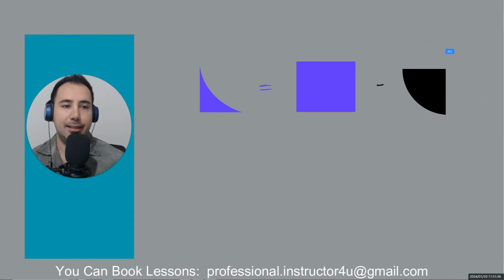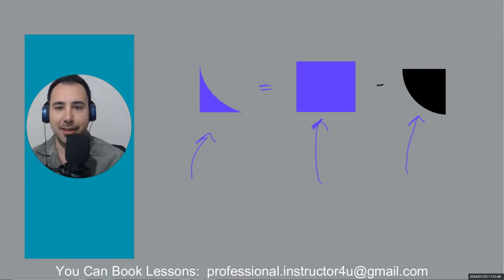So this is what I did actually. Okay, so to draw this one, I drew a square and I just removed like a fourth of a circle from it. Then I get this shape. And for you to find this area, you have to do the same thing.